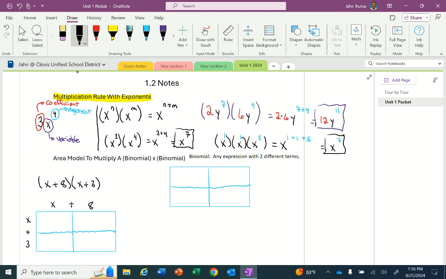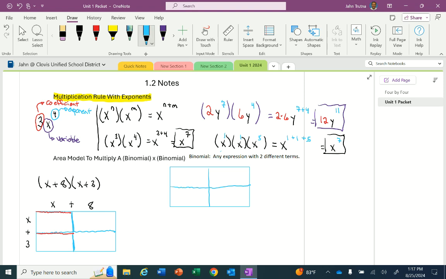Then what we are going to do is multiply always the length times the width of each rectangle. The value that would represent the length and the value that would represent the width of each rectangle. Then we're going to be using this multiplication rule with exponents, and filling in inside each rectangle.